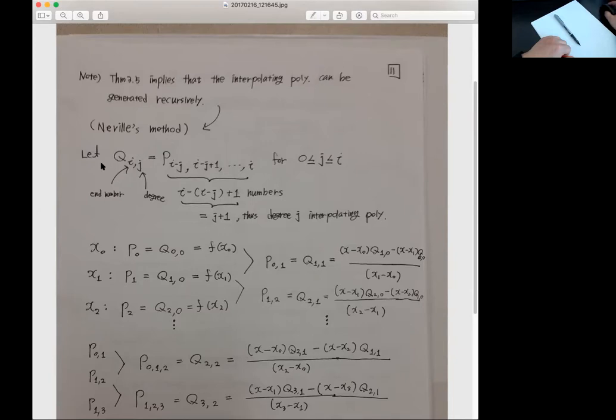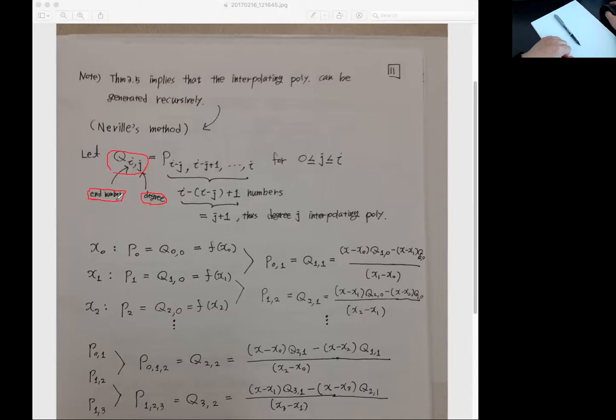So let's look at this. Q i comma j. What is this? Here, the first subindex i means end number, and the subindex j means degree. So what does that mean? End number is the last subindex of node.